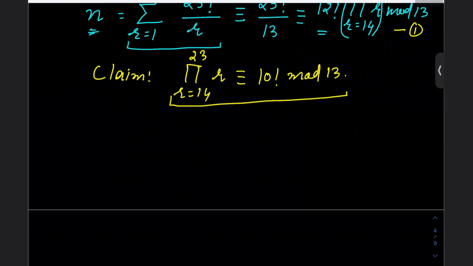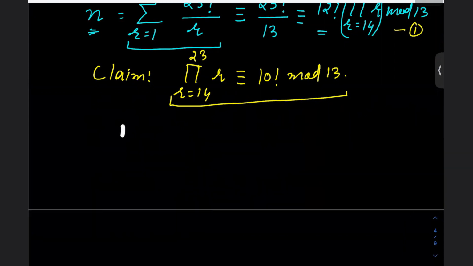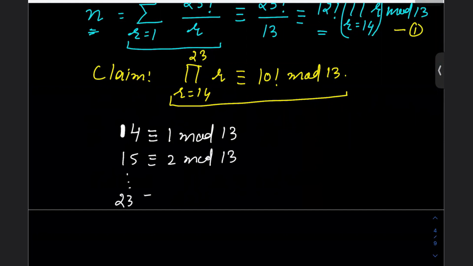As you know, 14 is congruent to 1 modulo 13. Similarly, 15 is congruent to 2 modulo 13, and so on. 23 is congruent to 10 modulo 13.